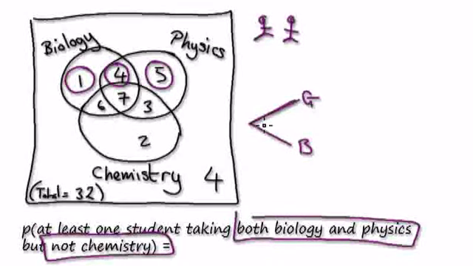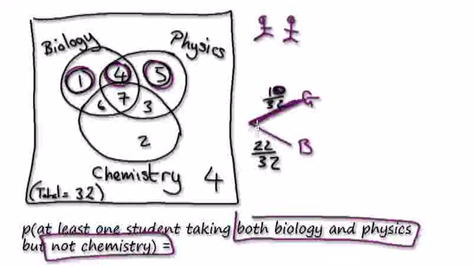So the probability of us picking a good student would be this, and this. So that would be 10 over 32. The probability of us picking a bad student would be 22 out of 32.